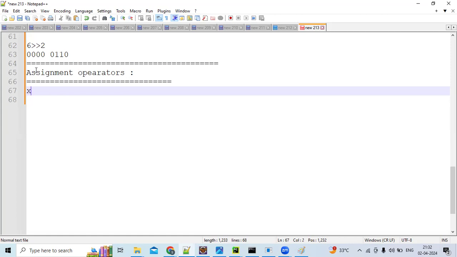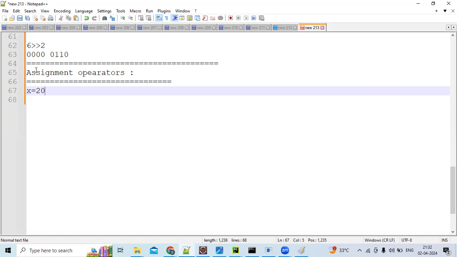Suppose x equal to 20, what is the meaning here, guys? That means you are storing the 20 in x. So this is the assignment operator. Here the equality sign is nothing but the assignment operator.